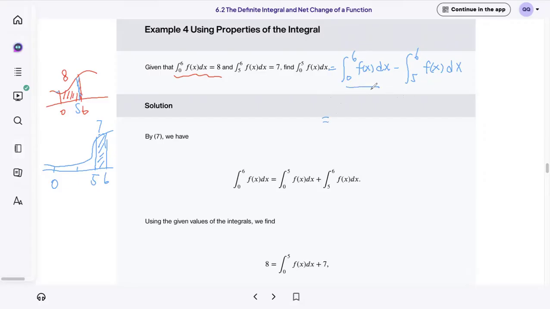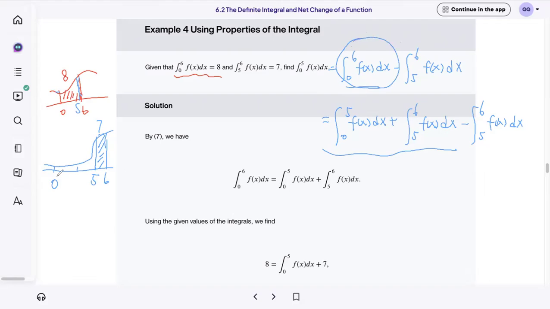We can split the first one into the integral from 0 to 5 of f of x dx plus the integral from 5 to 6 of f of x dx, then minus this one. This is the area of the whole thing from 0 to 6, and from 5 to 6 is the area of this. So we want to find the area of this. Just subtract them, which is a minus 7, which is 1.